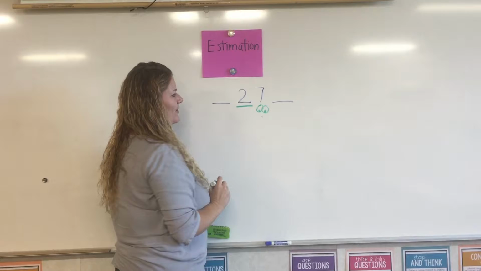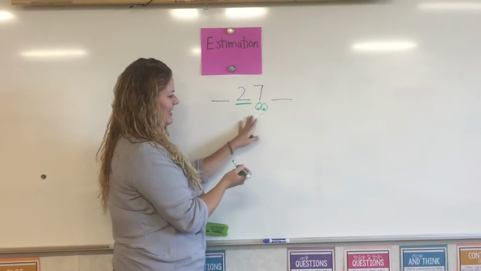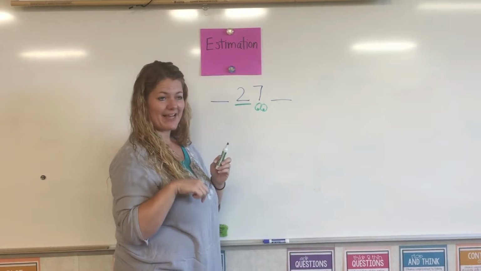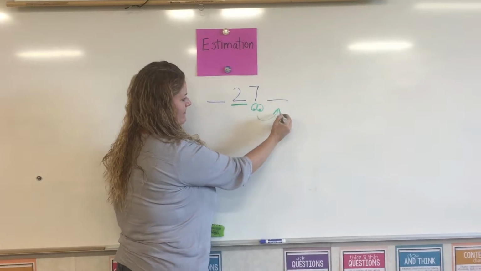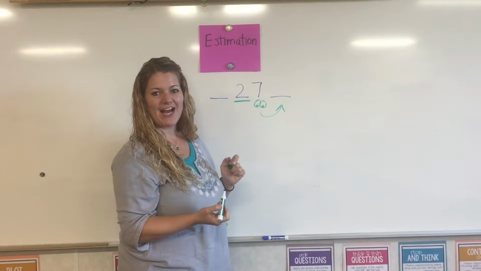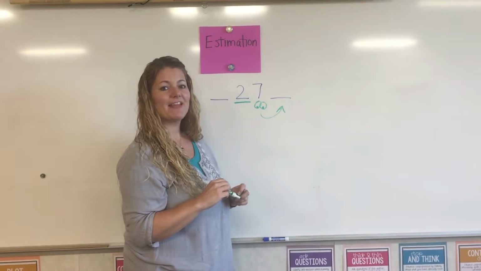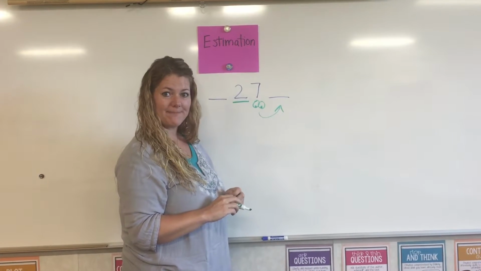If the digit's 4 or lower, then the number will be smaller. If the digit's 5 or higher, you round up. If the digit's 5 or higher, then the number will be bigger.